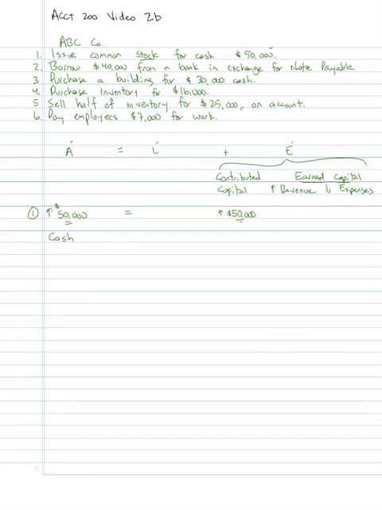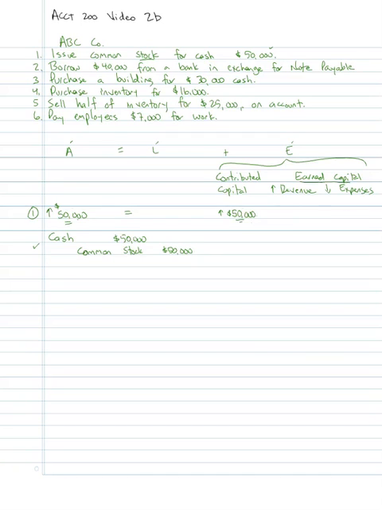We're going to record a debit to cash of $50,000, indent and record our credit to common stock of $50,000. And this is our first transaction. We've analyzed it, seen where it fits in the accounting equation, and then written a journal entry.